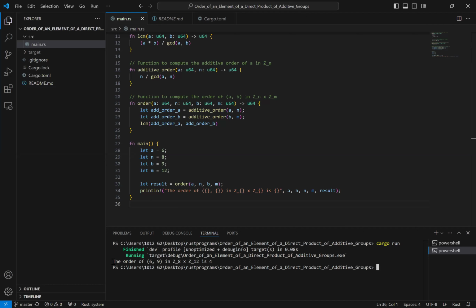After running it, you can see at the bottom the result is there, saying the order of 6 and 9, that element in Z8 cross Z12, is 4. So we can change the elements, make them slightly bigger. Let me also make the group bigger.